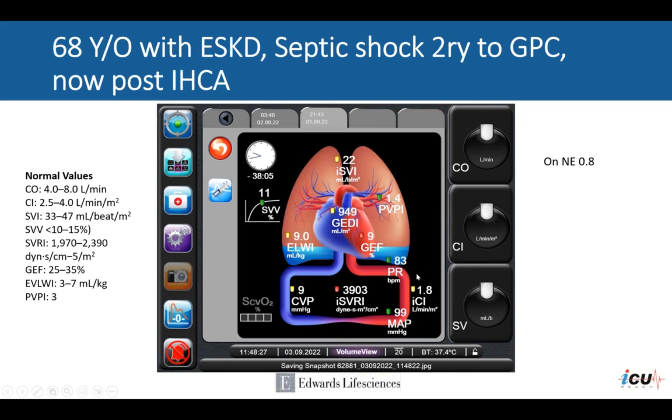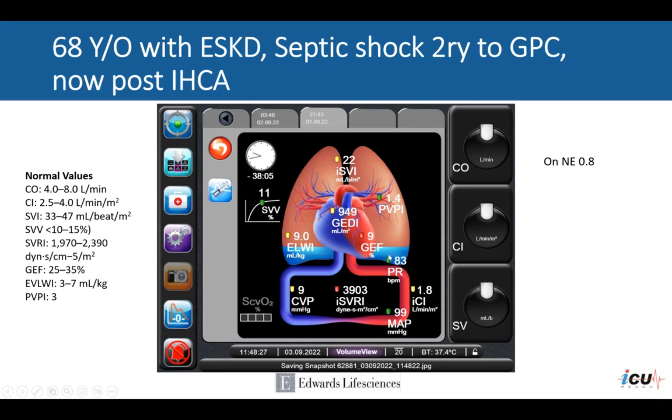And the cardiac index is low, along with the stroke volume index being low. So we have a major contractility issue. The SVR is increased, meaning that we have an autonomic response compensating for the shock that this patient is in.